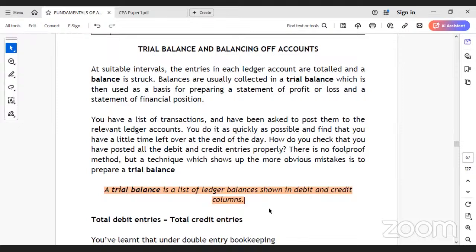And then after balancing off these accounts, I will copy the balances of each and every ledger account and show those balances in the trial balance, in the debit and credit columns. And the total debits in the trial balance should always equal the total credits in that trial balance.